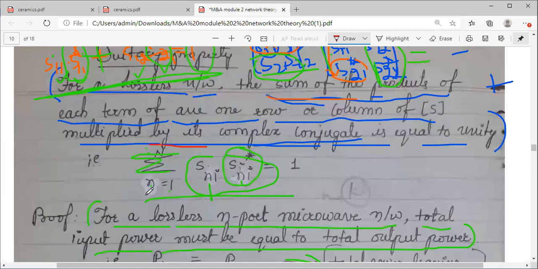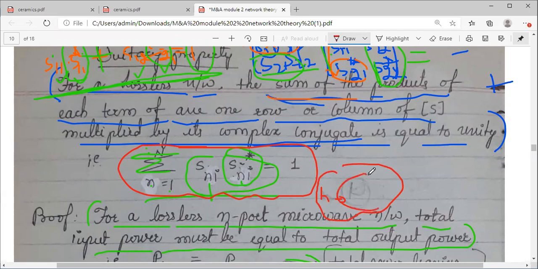You can see summation S_ni S_ni star is equal to 1. So this is your unitary property. I have written n arrow mark k.